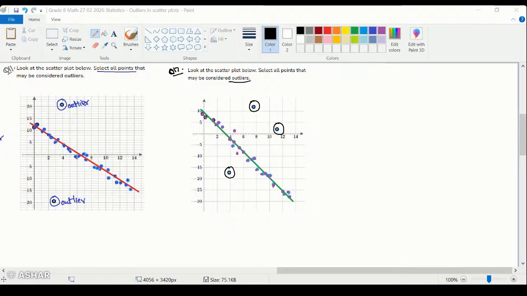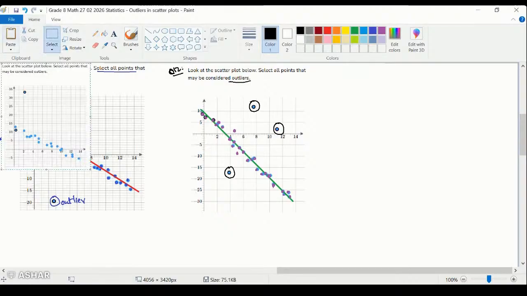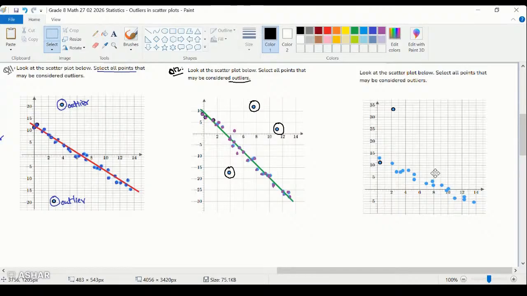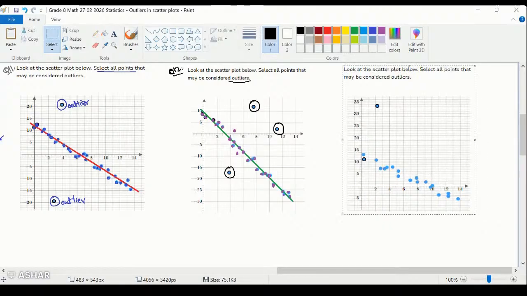Okay, the next question says, let's look at the scatter plot and identify an outlier. If this was a scatter plot that was given to us, this is our question number 13.